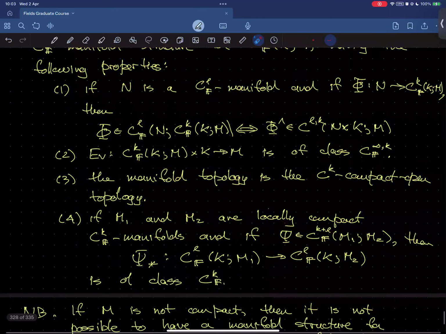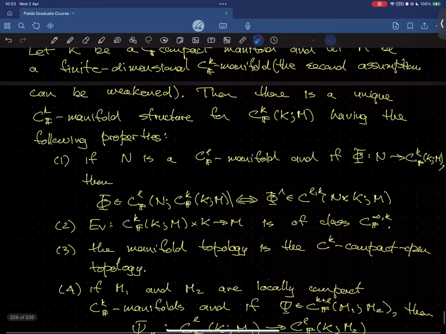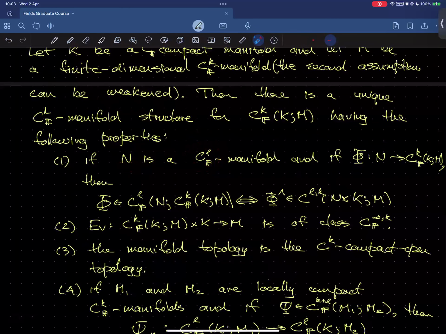properties. So the first thing is that if I take some other manifold N with some regularity, C^L, and I take a mapping from N into my space, which I'm now trying to turn into a manifold, then this mapping is of class C^L if and only if its check mapping is of class C^L K. So have I even said anything new?